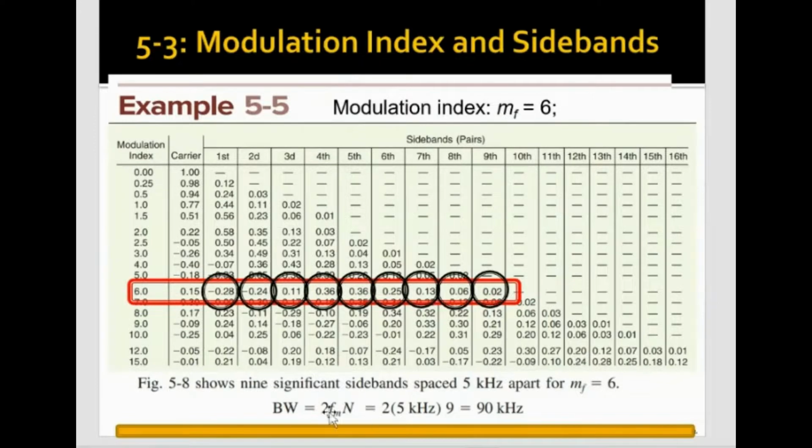In our equation, we have 2 times the maximum frequency of the modulating signal, which is 5, times 9 sidebands. So we have 90 kilohertz of bandwidth needed for this signal. This uses our initial equation, considering the sidebands calculated using the Bessel function.